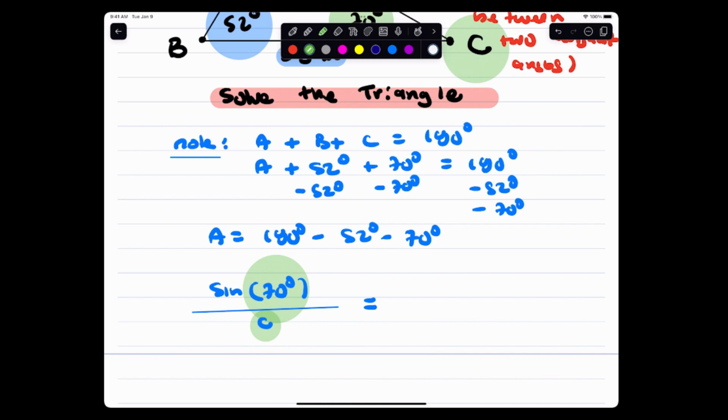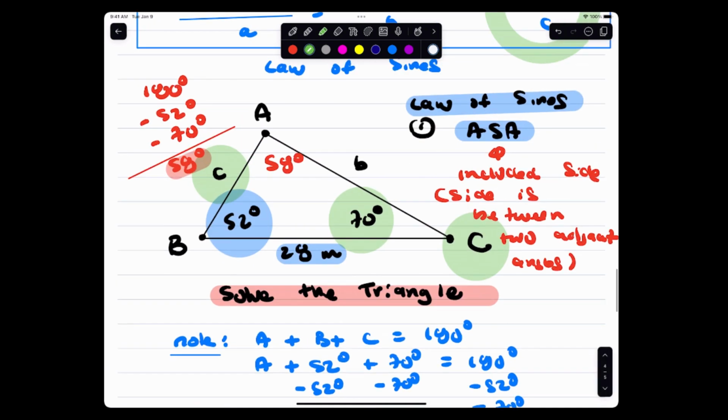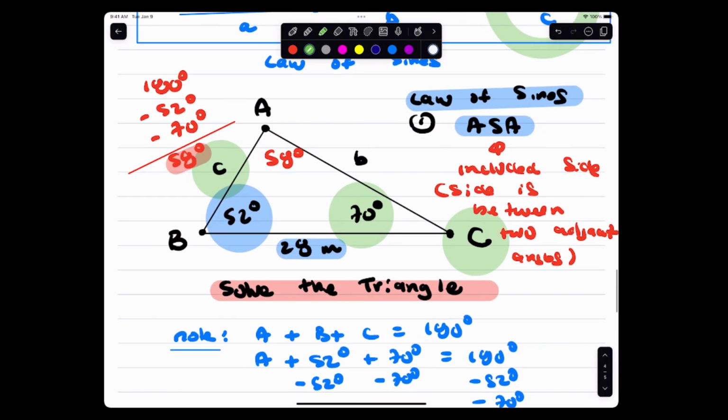Now you say, okay, what do I set that equal to? Well, use, ladies and gentlemen, an angle and opposite side that you know both values for. You have to know both values to do this. So, because I have 58 degrees and I have 28 meters, I've got to use those opposite angle, opposite sides.